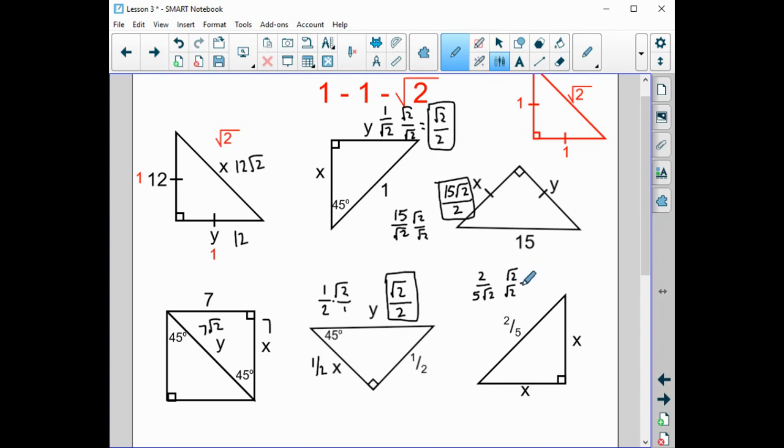And we end up with on top 2 radical 2. And that's over 2 times, since radical 2 times radical 2 is 2, times 5 is 10. So in this one, since these numbers outside will reduce, we go ahead and do that because you can reduce numbers inside the radical and numbers outside. So the numbers outside reduce to 1/5. So your final answer is radical 2 over 5.